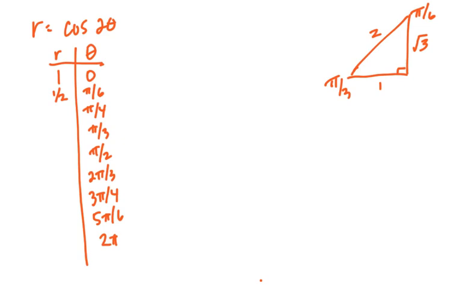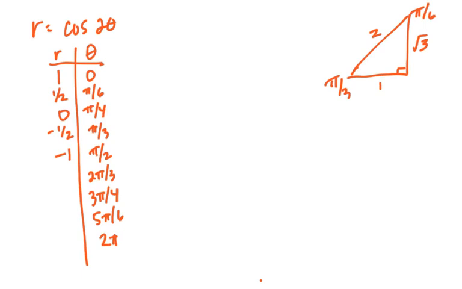Pi over 3 times 2 puts us into the second quadrant, so we're going to have a negative value. So cosine of 2 pi over 3 is -1/2 in the second quadrant. Pi over 2 times 2 is pi, and cosine of pi is -1.